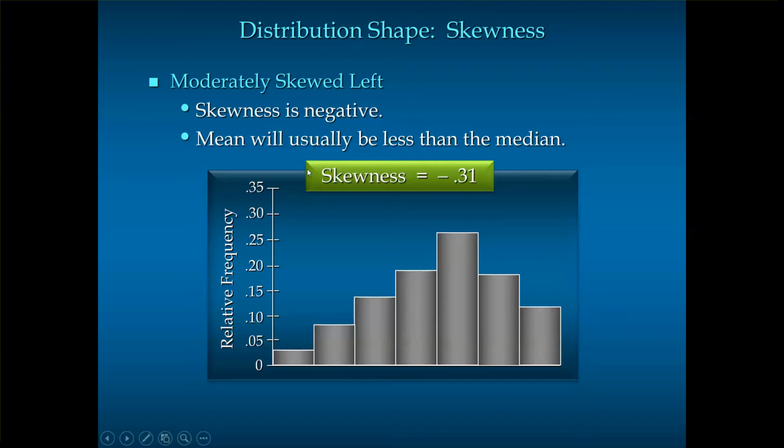So you will find the mean is usually less than the median. Which means if I give you a skewness value equal to a negative number, you should know this is a negatively skewed distribution. Or if I give you the inequality that the mean is smaller than the median, you should also get the same conclusion, that this distribution is negatively skewed or skewed left.